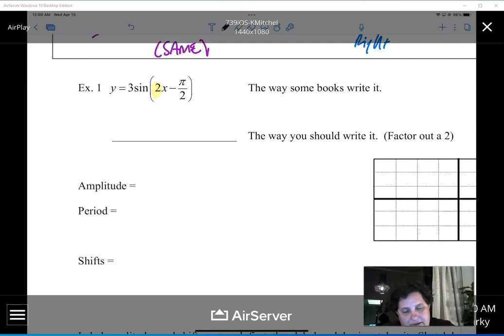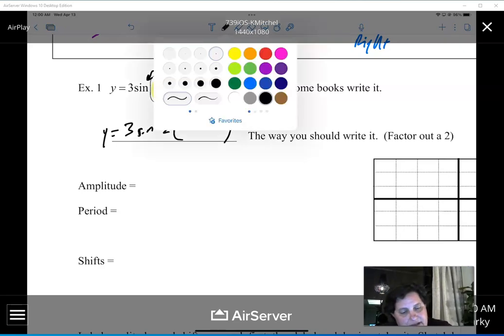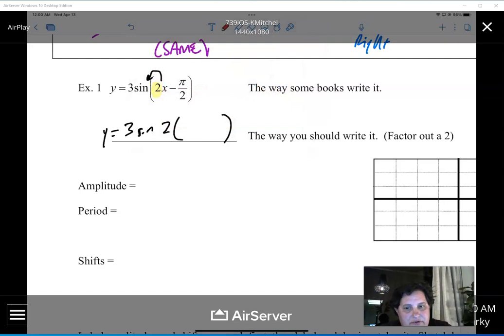It's a little annoying. One little step that we're going to do is we're going to bring it out, okay? So if you happen to see it like that, we're just going to move it out. Now, by factoring out that 2, so listen to what I'm saying, factoring out is taking that out and putting it here. But I also have to factor it out of here, right?